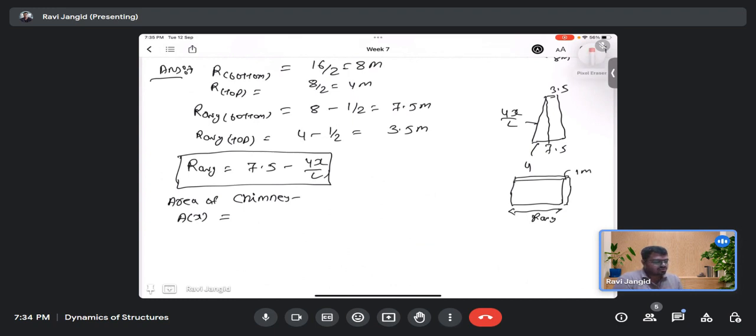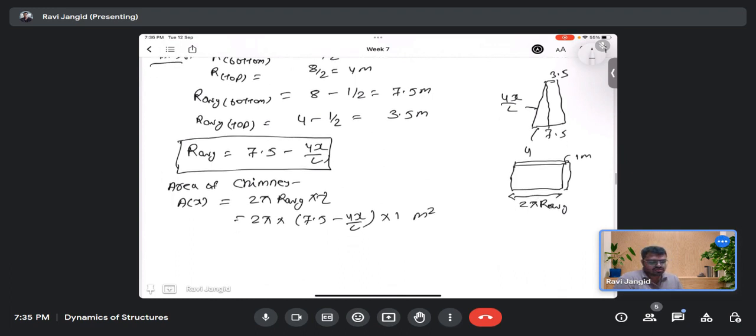So Ax would be 2 pi r average times the thickness, that is 2 pi times (7.5 minus 4x by L) into thickness 1 meter, in meter square.